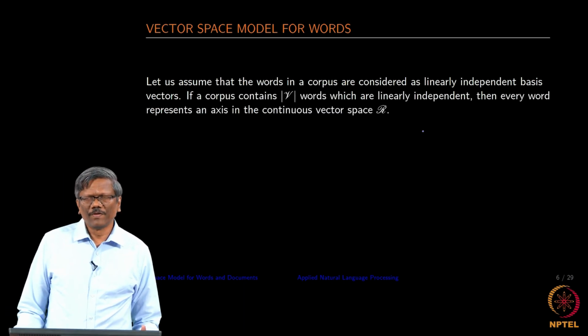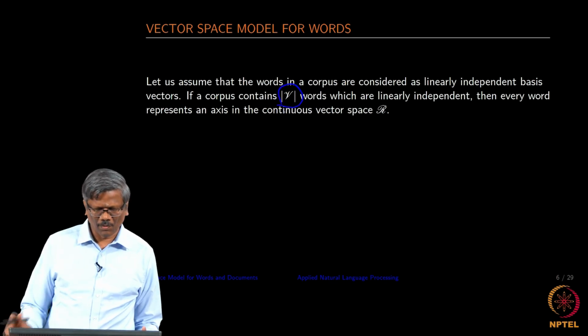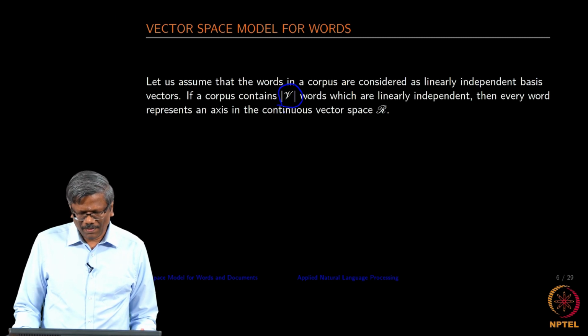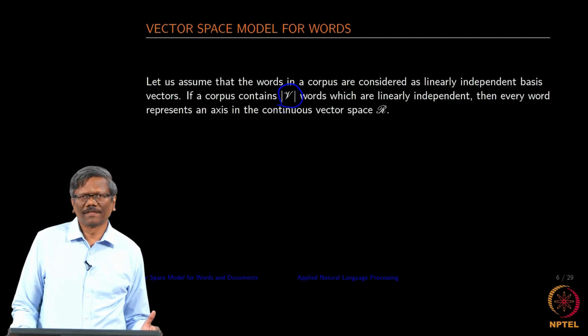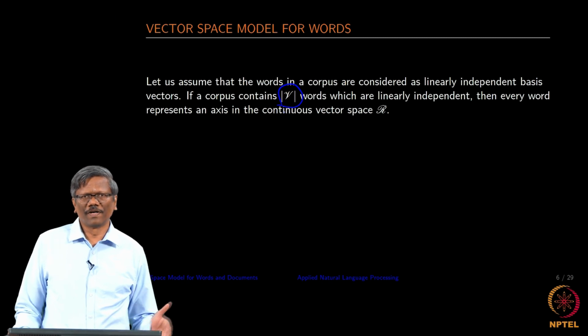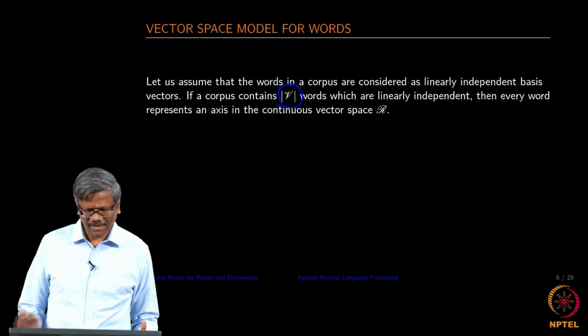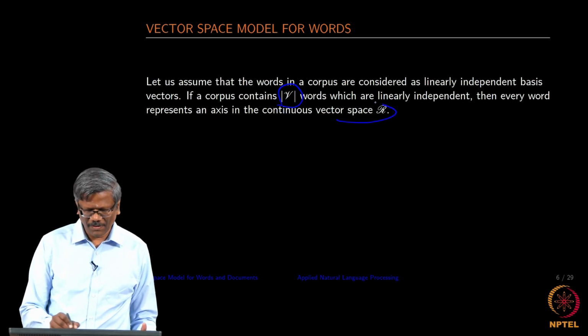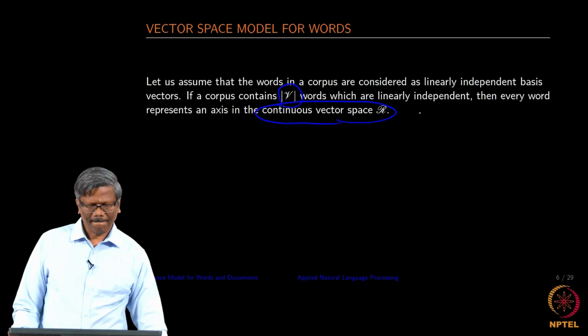Again we will be using the notation V. This is the length of your vocabulary. If you consider all the vectors related to the words in the vocabulary as linearly independent, not having any relationship with each other, they are represented in the continuous vector space R. Okay.